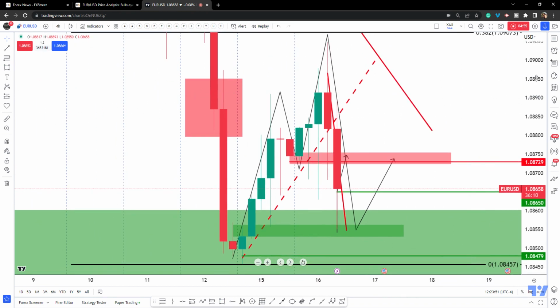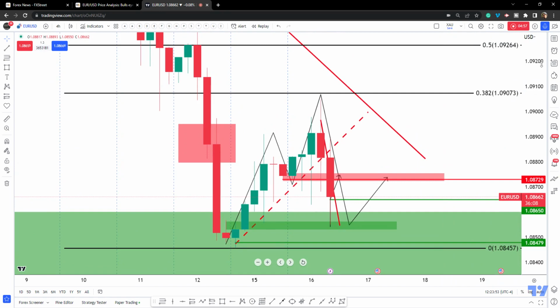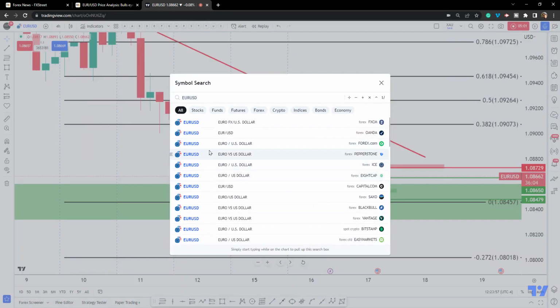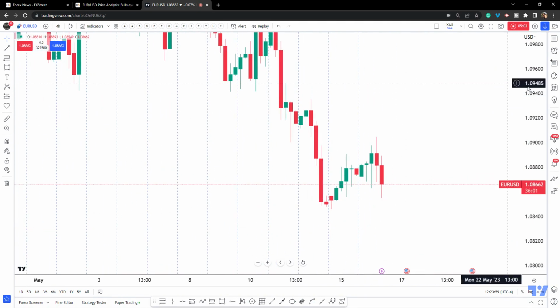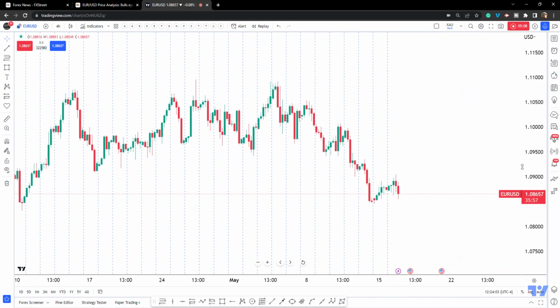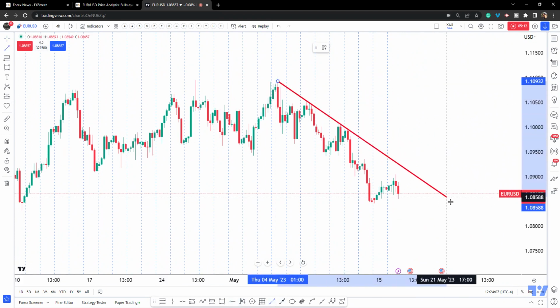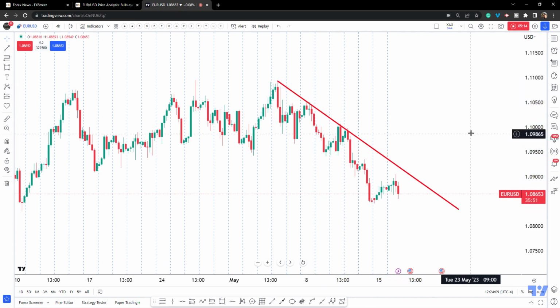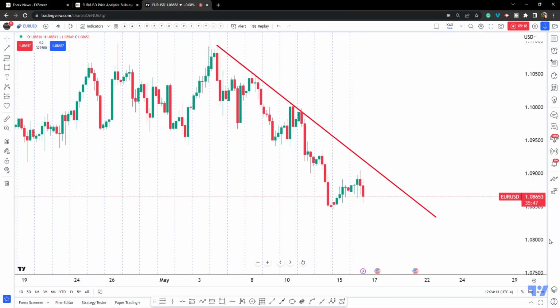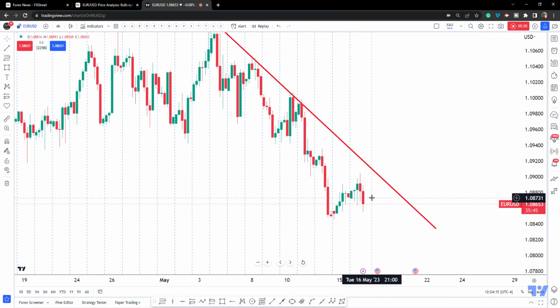So again, if we just move to a different chart. So we're still on the bearish side of that trend, but we could be moving back up.